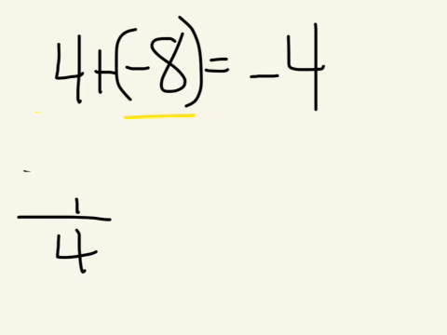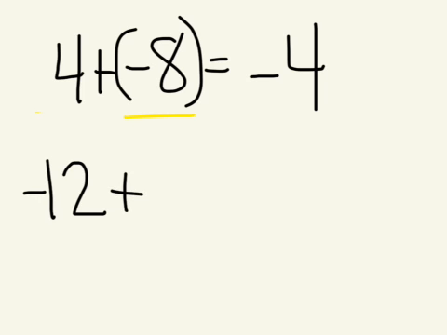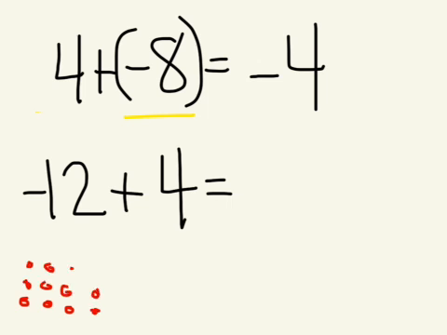I will show you another problem just like that. So if we have, let's say, a negative 12 plus 4, once again, we can do this with chips. This one might take a little bit longer. 1, 2, and then a positive 4 in green.